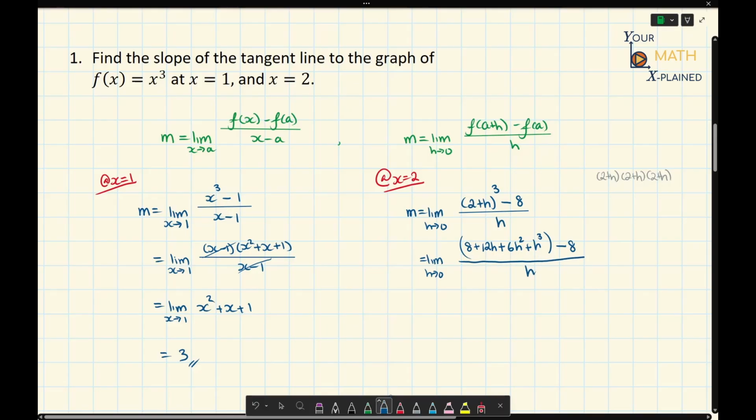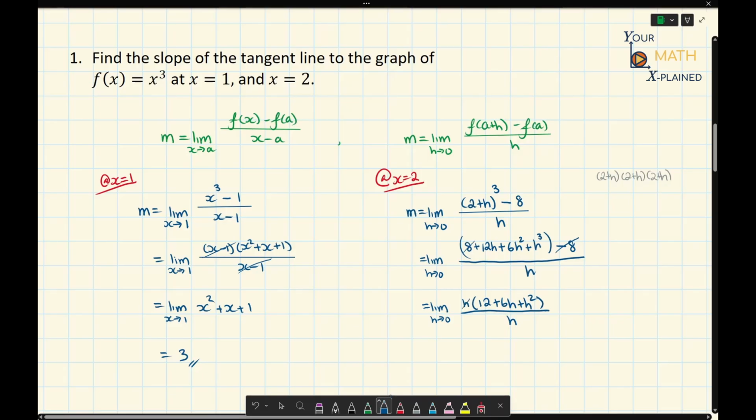And now we can see that we have 8 minus 8, so they'll cancel. And then we can go ahead and factor out an h from each term on the top. So we get h times 12 plus 6h plus h squared, and this is over h.